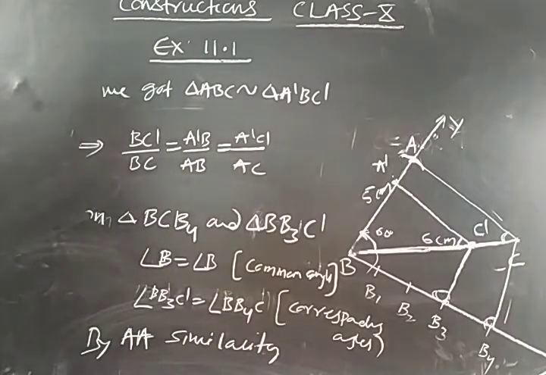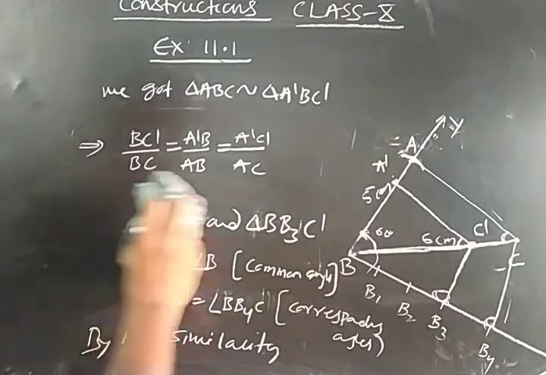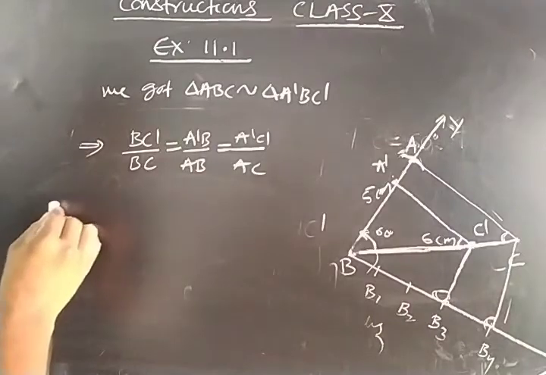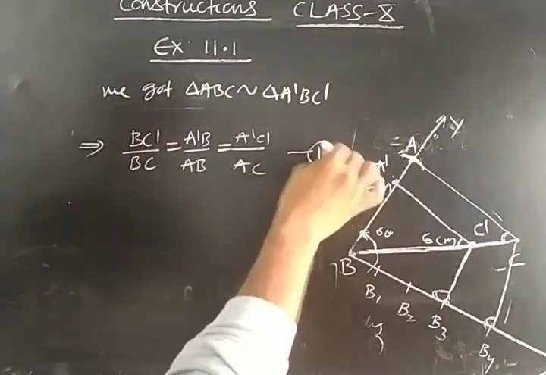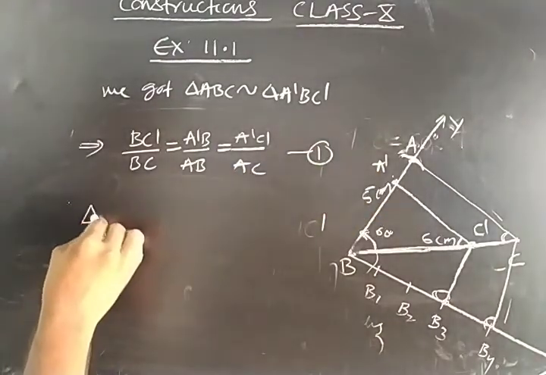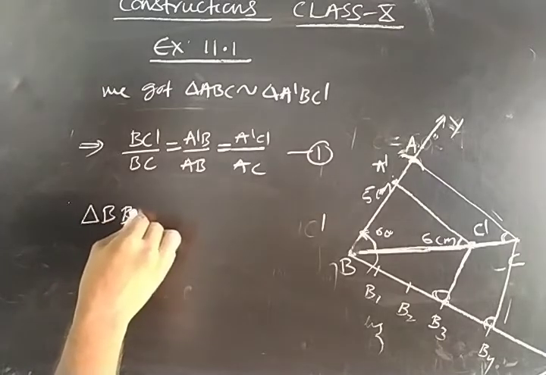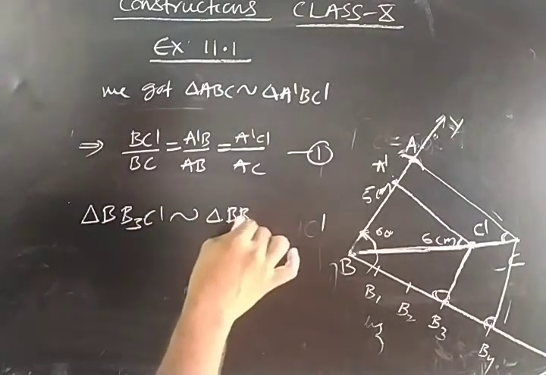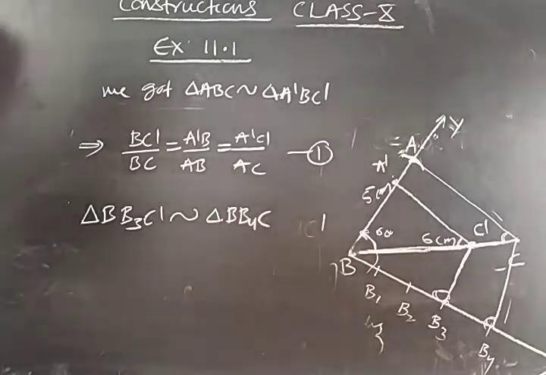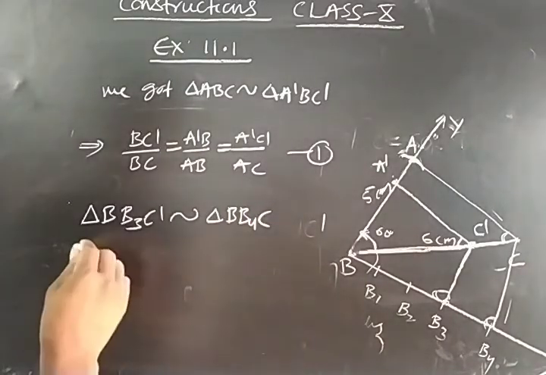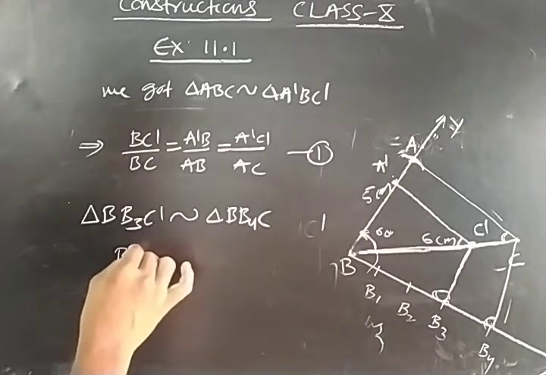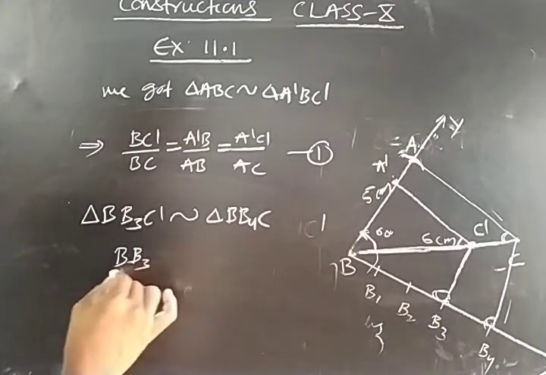By AA similarity we can write triangle B B3 C dash is similar to triangle B B4 C. They are similar, no? If they are similar, corresponding sides are in the same ratio.